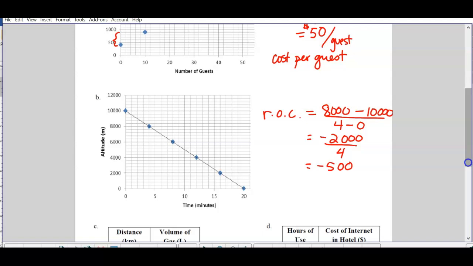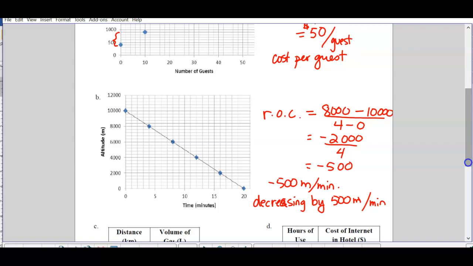Okay, notice the negative in there. If you went 10,000 minus 8,000, you'd get a positive. But notice how this line is going down and to the right. The altitude is decreasing. So this means, in units, negative 500 meters per minute, or decreasing by 500 meters per minute.